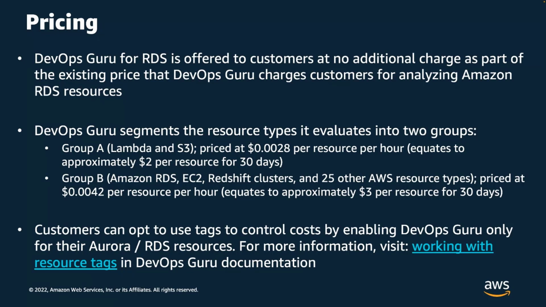If you choose to, you can also opt to use tags to control costs by enabling DevOps Guru only for your Aurora resources. For more information about using AWS tags with DevOps Guru, please visit the topic Working with Resource Tags in our documentation page.